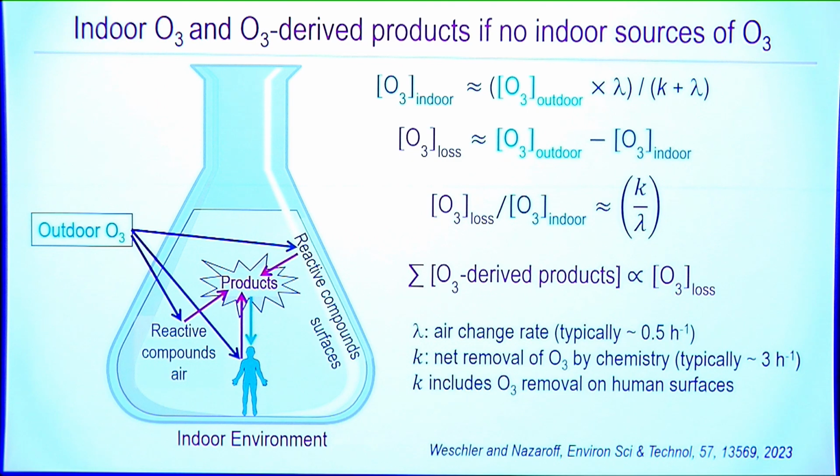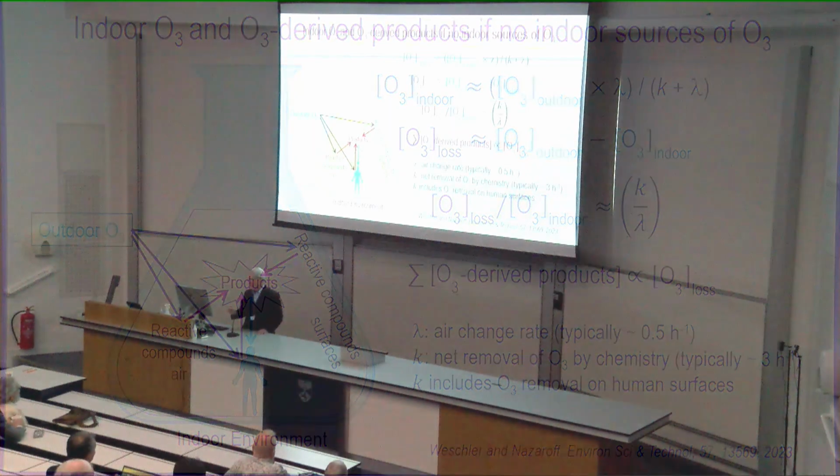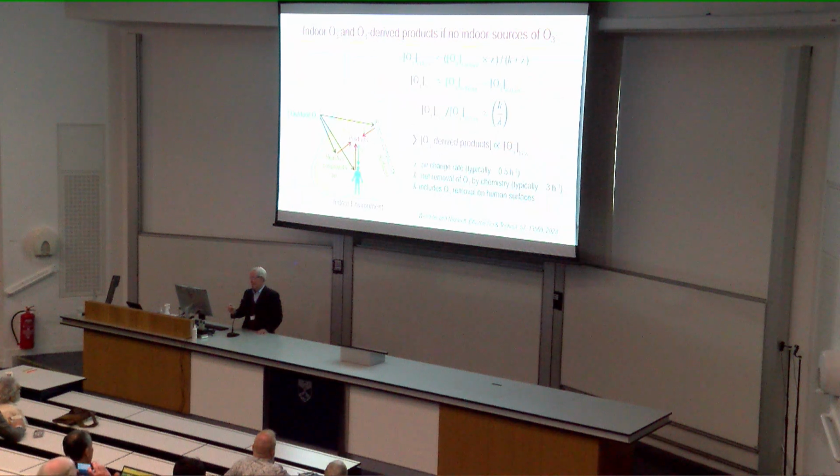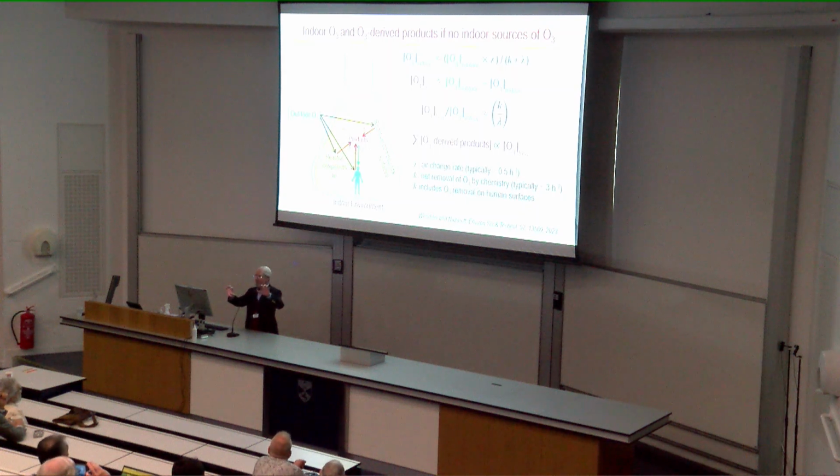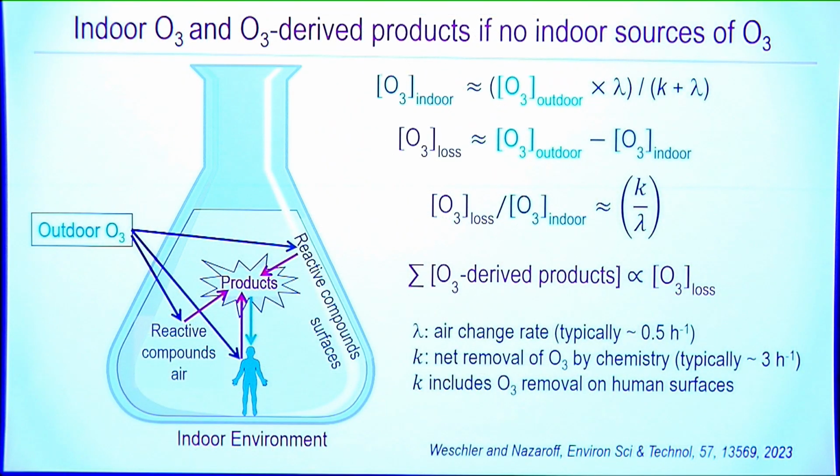We are interested in these products. It's very difficult to speciate these products. It's expensive. If you want to simply get an estimate of the net concentration of products, you can look at the difference between the outdoor ozone concentration and the indoor ozone concentration. We'll call that ozone loss. And the ratio of ozone loss to ozone itself can be estimated by a very simple expression, K over lambda.